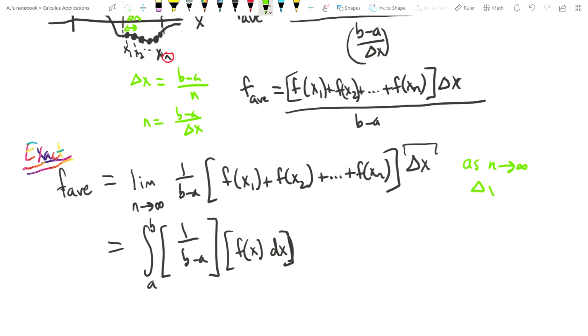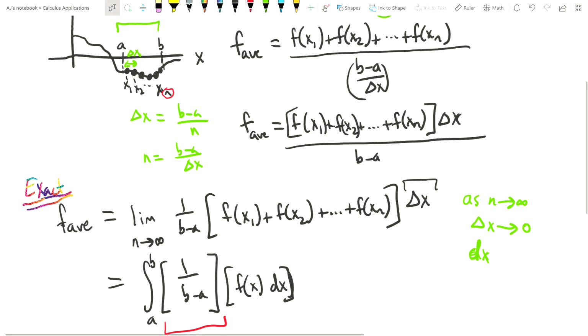Because remember, as n goes to infinity, delta x has to go to 0, because now we are calculating the value of the function at infinitely many points, so the distance between each of those points, which is delta x, has to go to 0. And once delta x goes to 0, we express this as dx, the differential of x, an infinitesimal difference in x values. And 1 over b minus a is simply a constant here, because these are the values that we're finding the average of the function in between.